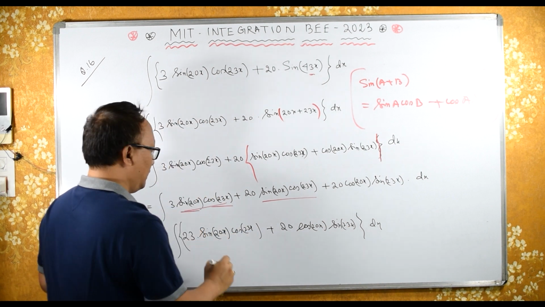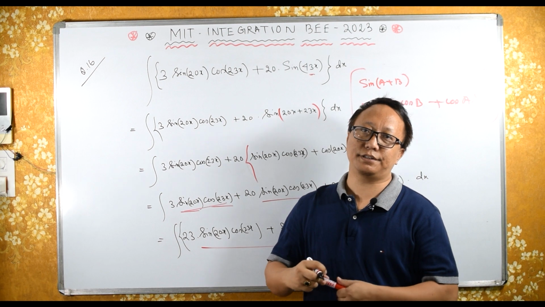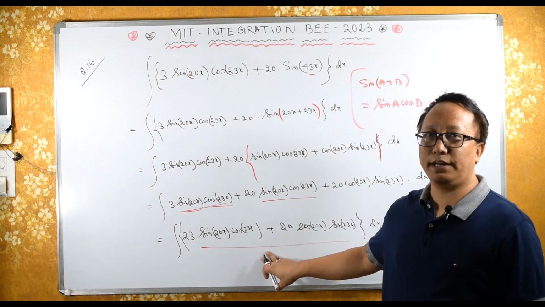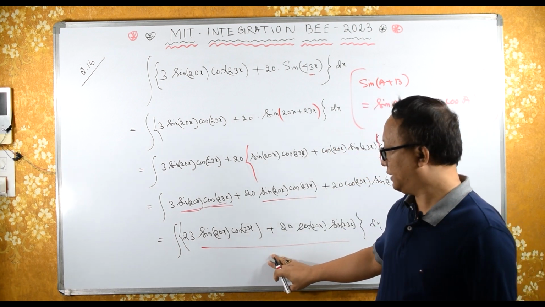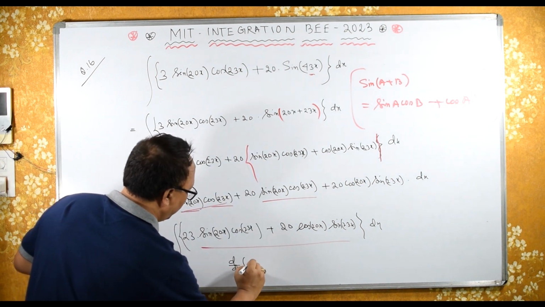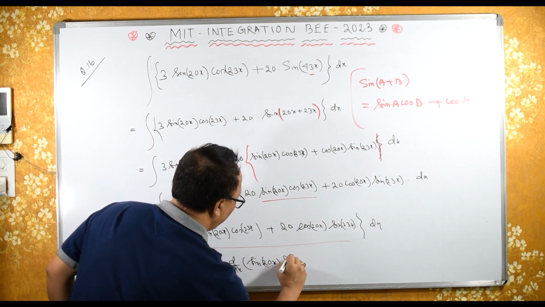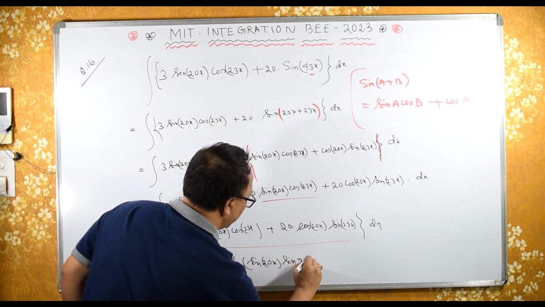dx. Look at this. Can you find some relation between the differentiation of this and this? Check what is d by dx of sin of 20x into sin of 23x.